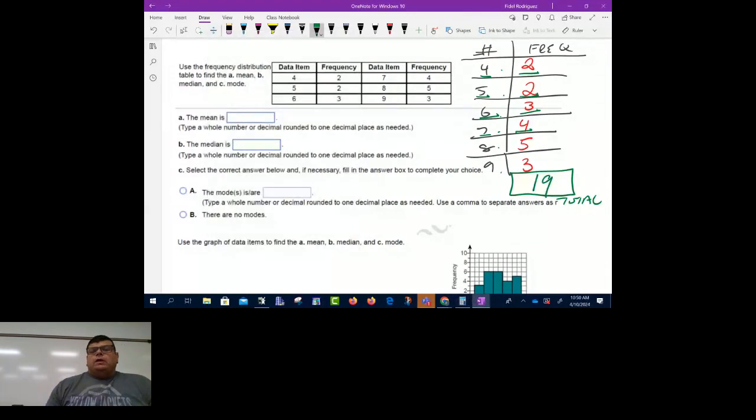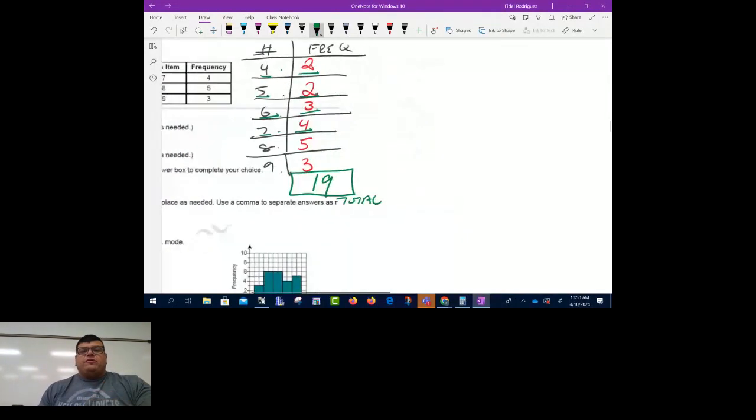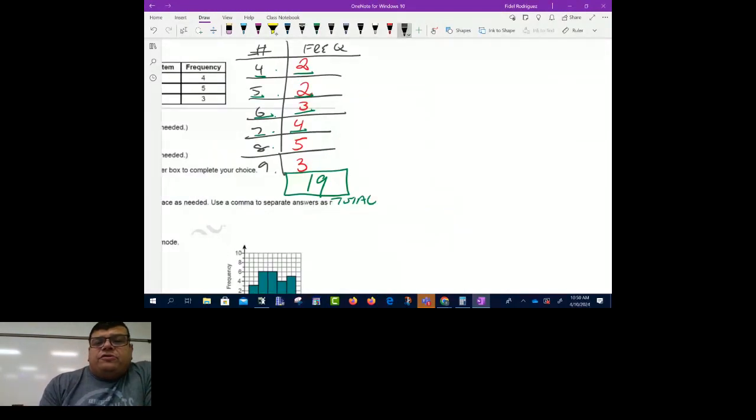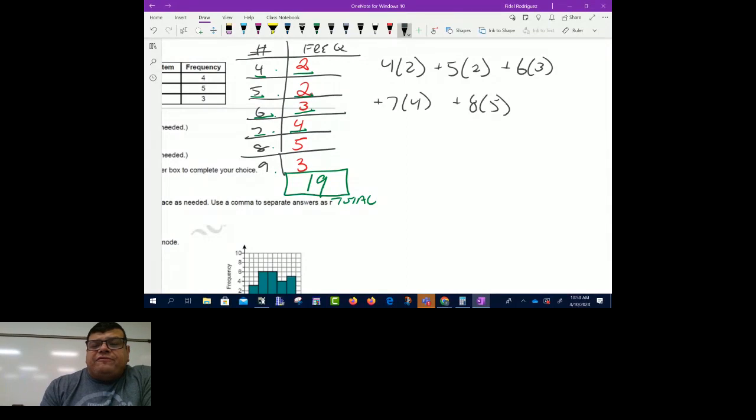Okay. Now, what we want to do is figure out what the sum of all those numbers is going to add up to. Okay, guys, I'm doing this on the side. The way I'm going to do this, y'all, is I'm going to take the number 4 times 2 plus the number 5 times 2 plus the number 6 times 3 plus 7 times 4 plus 8 times 5 plus 9 times 3.